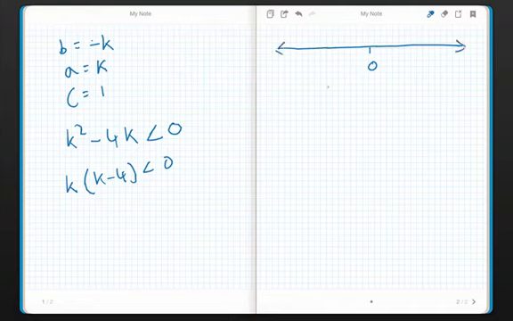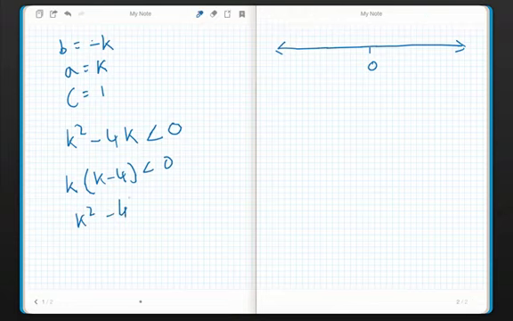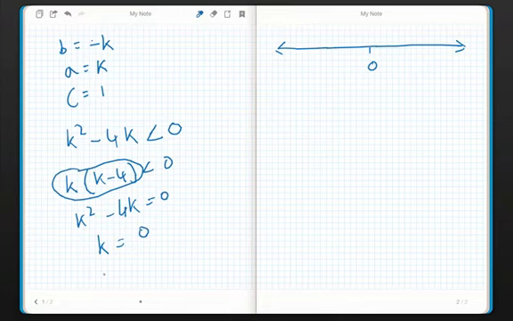Now, what will be the values of k for which k squared minus 4k will equal 0? It's always good to approach it this way first. We know that k will equal 0 or k will equal 4.